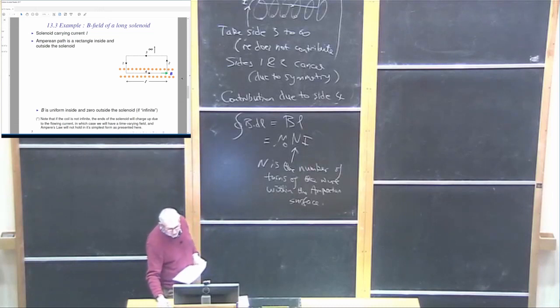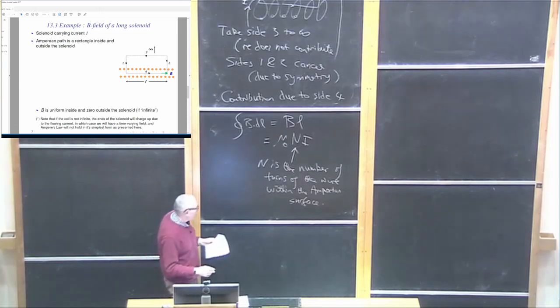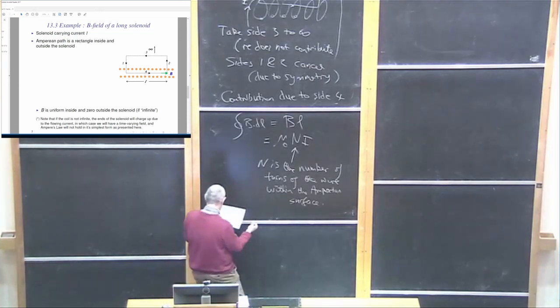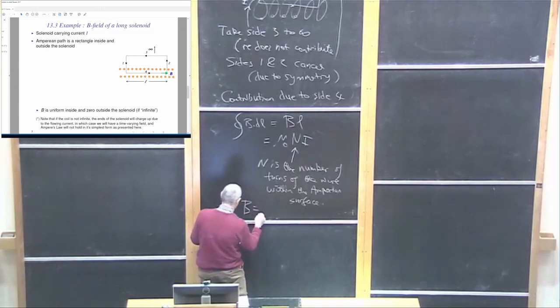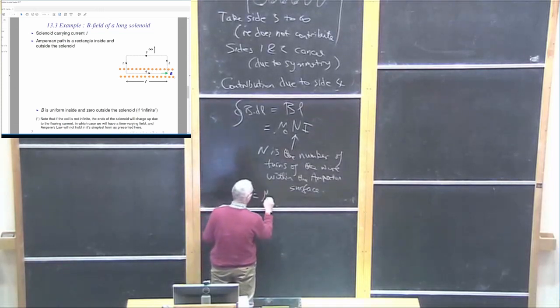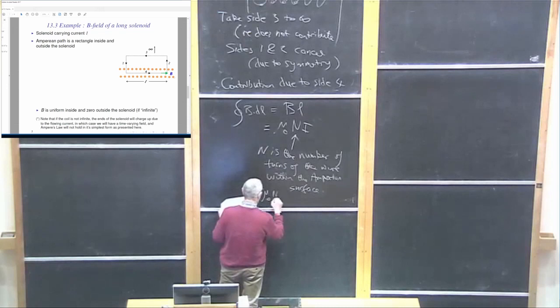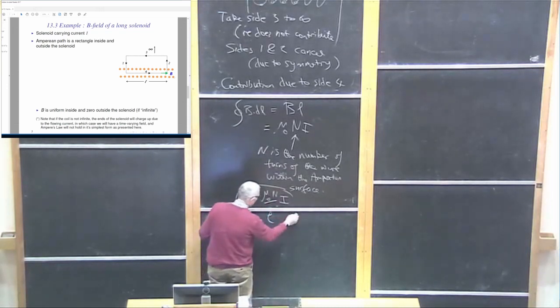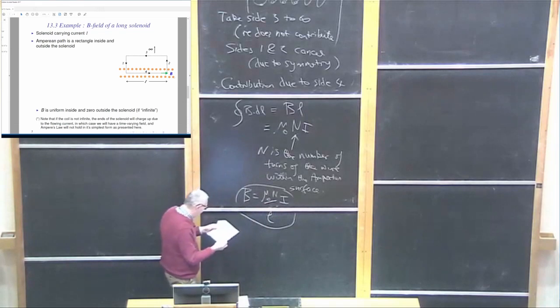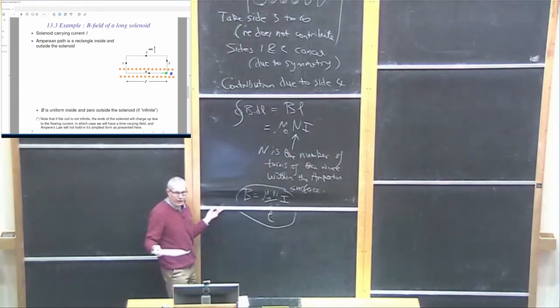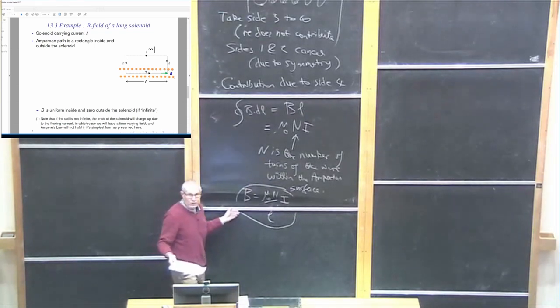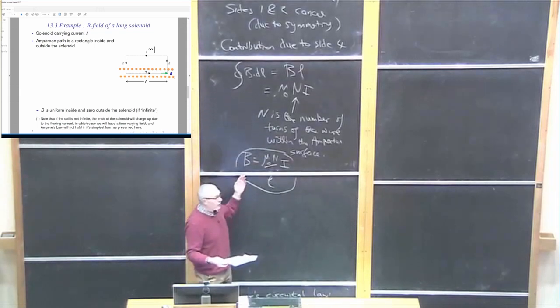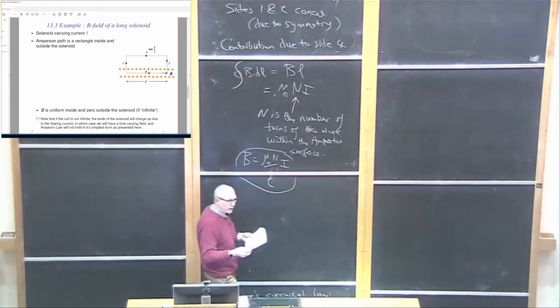So there's your surface, there's your contribution to B along there, and this gives you B equals mu naught n over L times I. Now, this was exactly the same as I got for the Biot-Savart law, with about 2 boards worth of working.